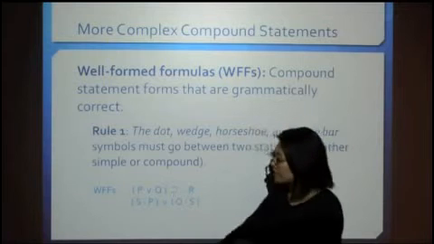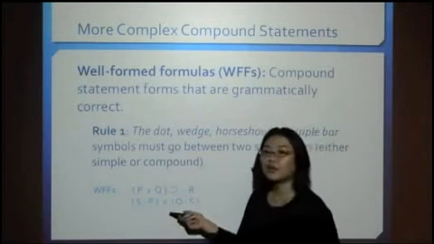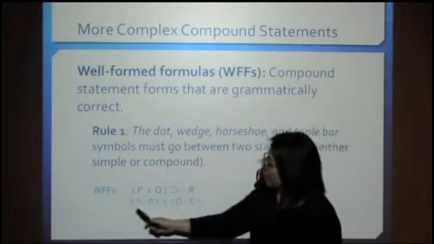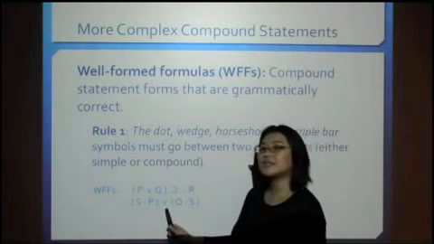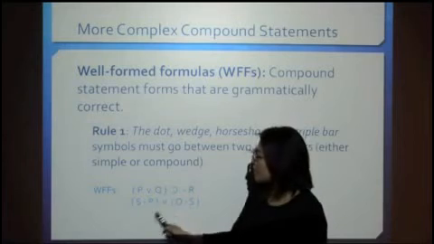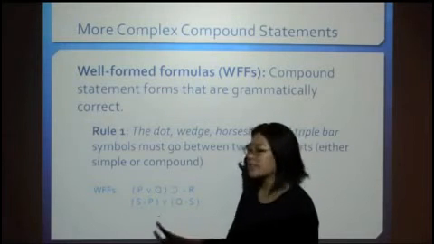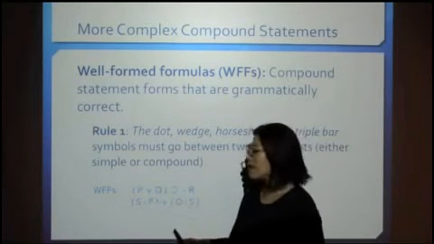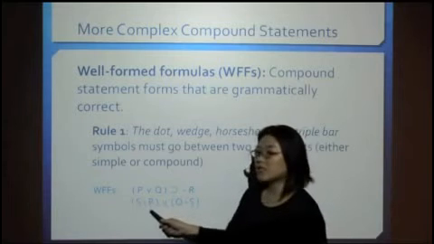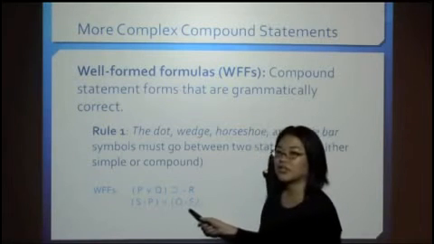Here you have another well-formed formula. Notice that now it's the disjunction that's the main operator, because the two largest units being brought together are this conjunction and this other conjunction.